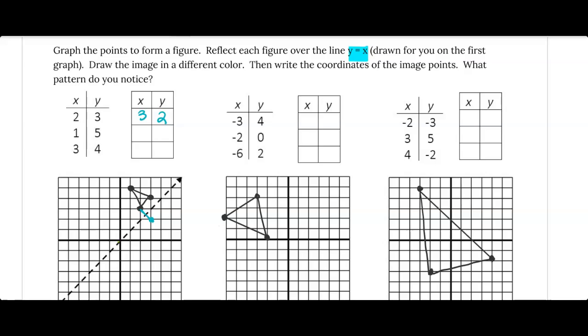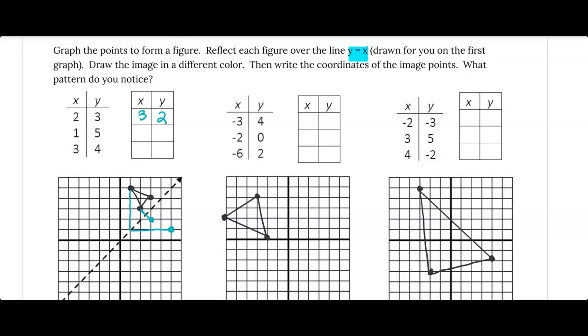And then we're going to do the same thing for the point 1, 5. I'm going to go down 1, 2, 3, 4, and then I'm going to go over 1, 2, 3, 4. So it's not going to be in the same direction like it was for our horizontal and vertical lines. Because with the horizontal and vertical lines, we wanted to keep the same direction to keep a perpendicular slope.